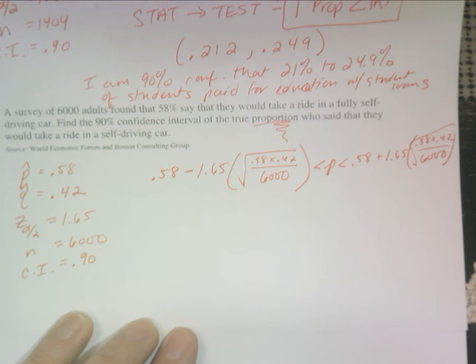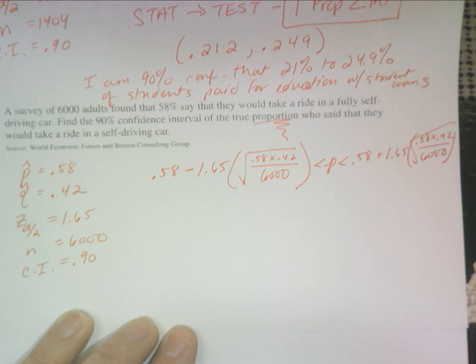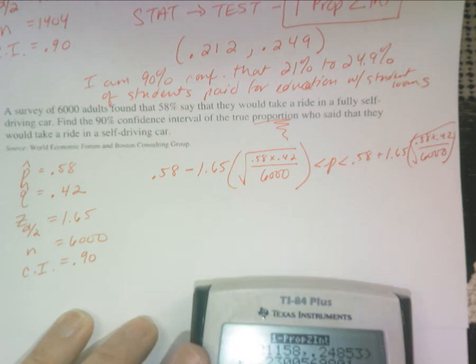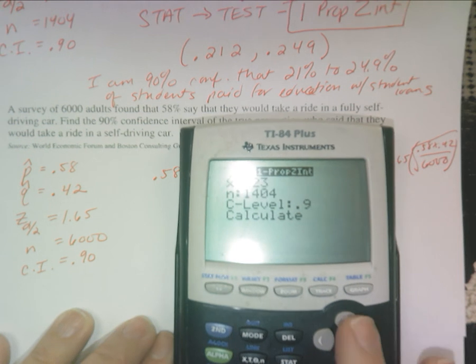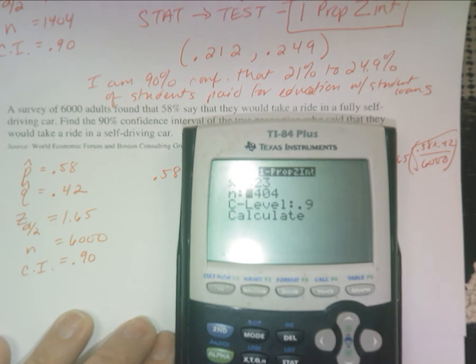Now, here's my problem. When you go to one prop Z interval, stat, test, one prop Z interval, what's my N? 6,000. Confidence level 90, but what's my X?